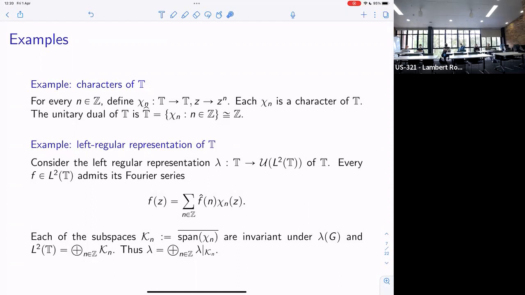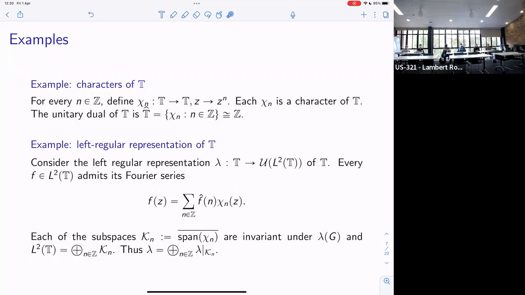And maybe as a consequence of stuff you've seen in Fourier analysis, these characters form an orthonormal basis of L2 of the torus. And if you haven't seen this result, then you can maybe motivate it by the Fourier series of an L2 function. Each of the subspaces spanned by the individual characters is invariant under the action of the left regular representation of the torus.